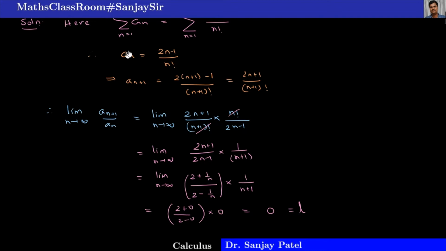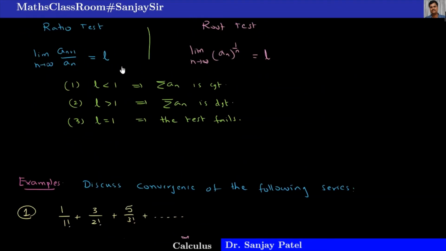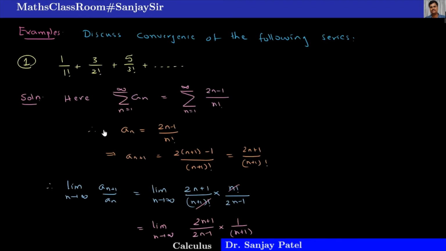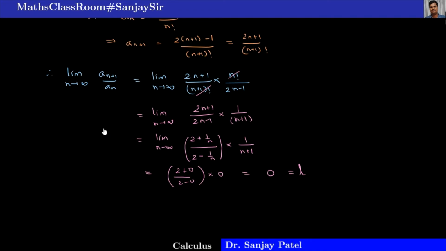And according to our result, whenever L is less than 1, the series sigma a_n is convergent. In both cases, whether you apply the ratio test or root test, the result is the same. If L is less than 1, sigma a_n is convergent. For L greater than 1, it is divergent. So here we are getting the limit of the ratio a_(n+1) upon a_n as L, and this L equal to 0 is less than 1.